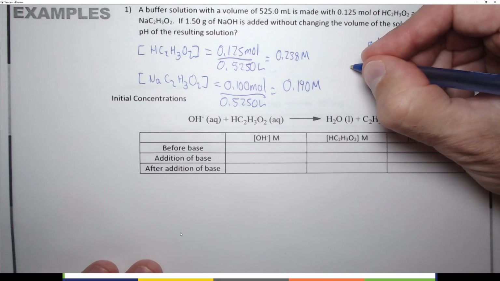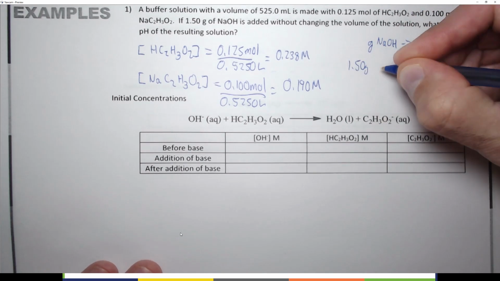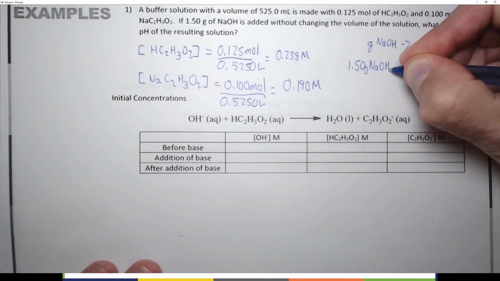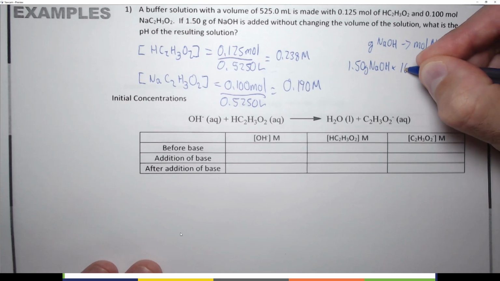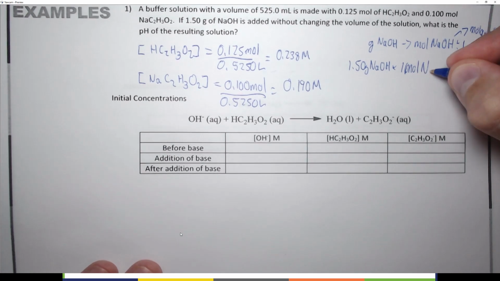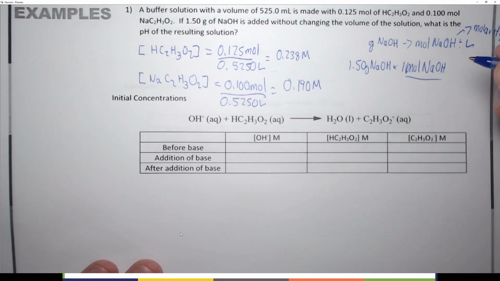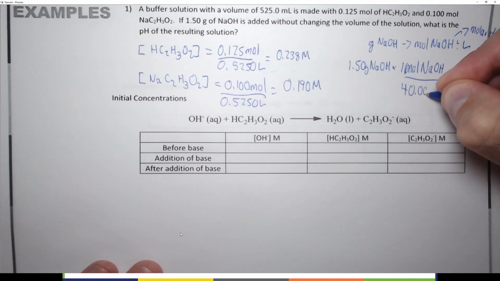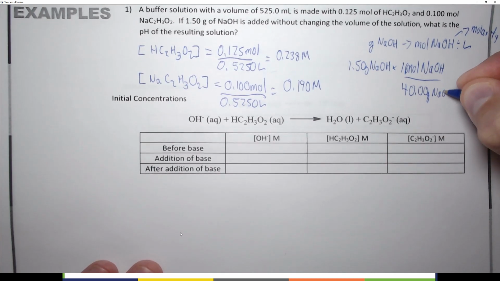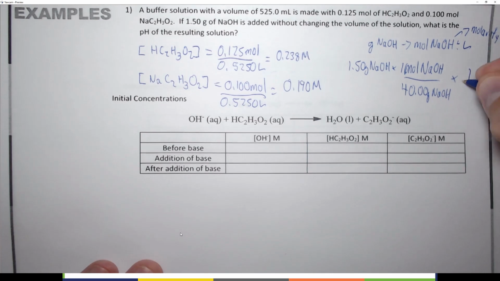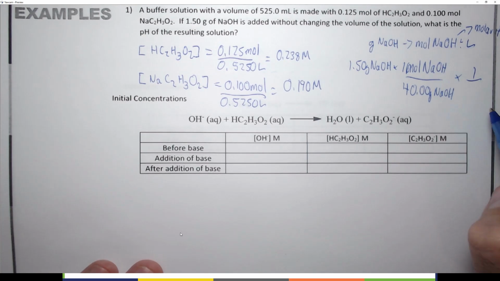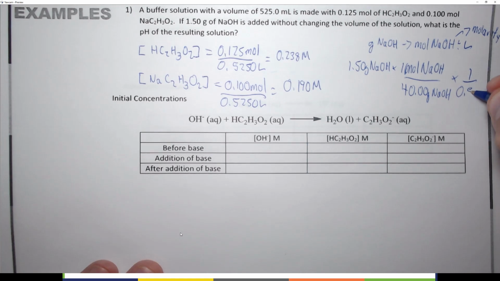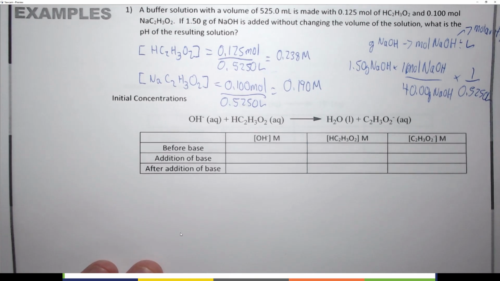So starting with 1.50 grams of NaOH times 1 mole of NaOH, look up the molar mass on a periodic table or Google it, so it's 40.00 grams of NaOH, times 1 over the volume in liters, which is 0.5250 liters.